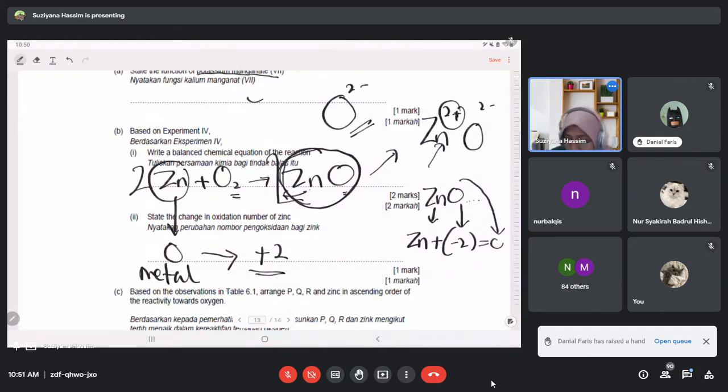No charge. If you have negative 1, you bring negative 1. If you have negative 2, you bring negative 2. For this case, no. So Zn negative 2, 0. Zn negative 2, you bring forward here, positive 2. So this is the positive 2. Right? Any question?